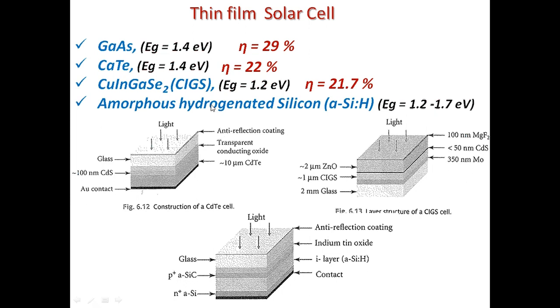So it has to be hydrogenated amorphous silicon, where, depending upon the hydrogen doping into it, the band gap varies from 1.2 to 1.7. So you can also tune the band gap depending upon the hydrogenation. At the same time, this amorphous silicon also has a good absorption coefficient because it has a random structure.